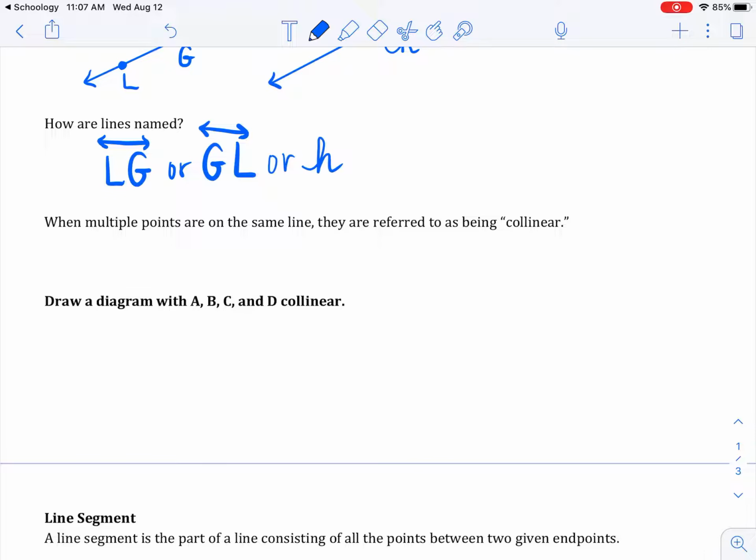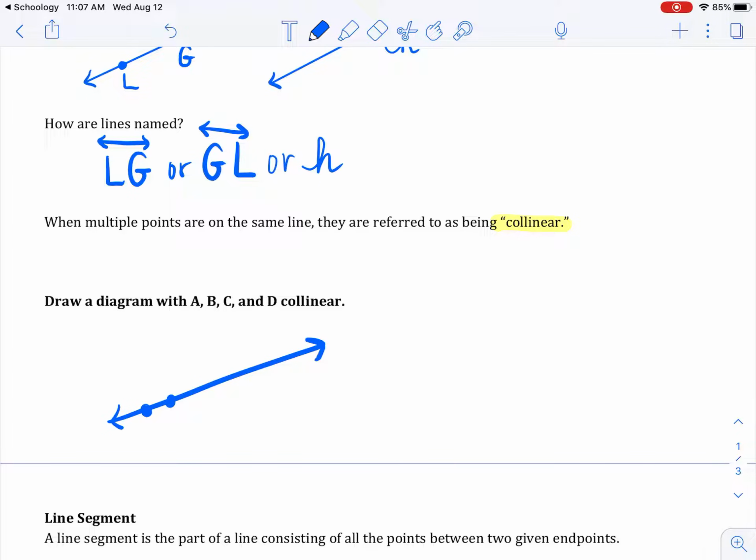All right, really quickly before we move on, let's talk about this word right here, which is collinear. This is when multiple points are on the same line. Whenever I see multiple points on the same line, I can say those points are collinear. For example, if I had a line right here, it says draw a diagram with A, B, C, and D being collinear.